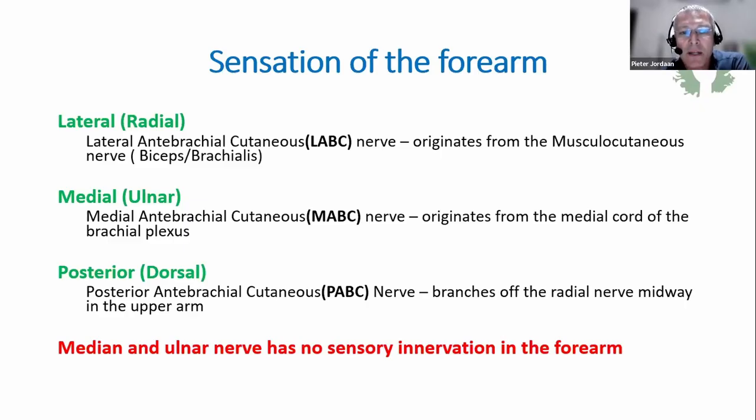This originates from the medial cord of the brachial plexus. So if you've got loss of sensation of the medial or lateral side of the forearm, the injury is quite high. And then the posterior aspect of the forearm is the posterior antebrachial cutaneous nerve. This comes off the radial nerve, but it comes off very high. It's about mid-upper arm. So just remember that the median and ulnar nerve has no sensory innervation in the forearm.